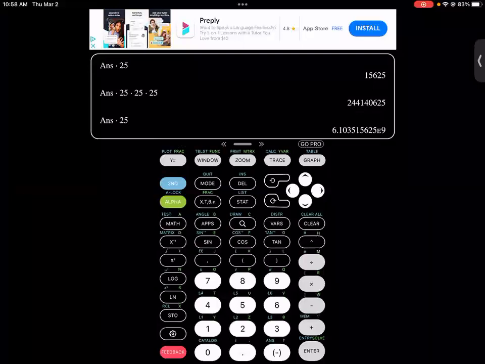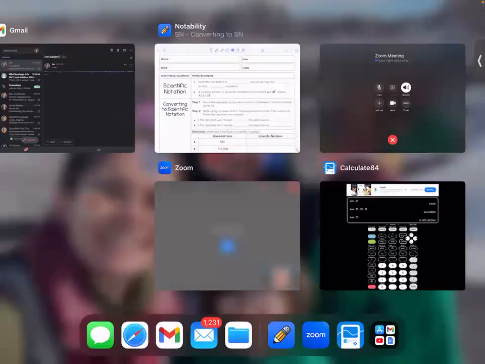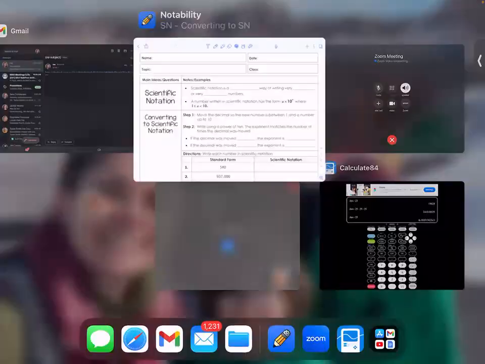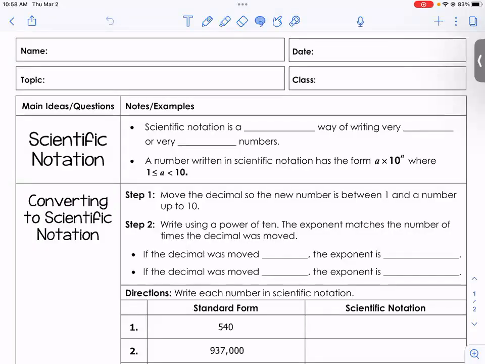What the heck? Has this ever happened to you on your calculator where it gives you this really weird decimal with that E? Well, if your numbers get too big or too small, your calculator is going to put it in scientific notation. So scientific notation is a compact way of writing very small or very big numbers.